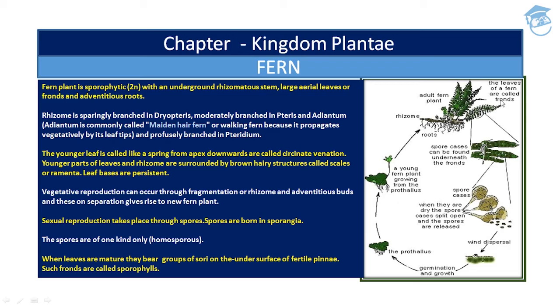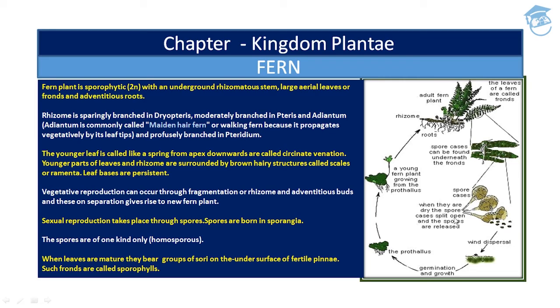The leaves of a fern are called fronds. So ffronds are nothing but the leaves of the fern plant, and the spore cases can be found underneath the frond. That means underneath the leaf of a fern plant, spores can be seen, and these are the spore cases. Okay, this is the zoom view of the spore cases.